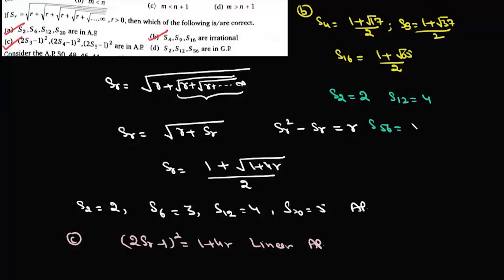Now S56 is 1 plus under root of 1 plus 4 into 56 whole divided by 2. Now 56 into 4 is 224. So it is 225, which is 15. So S56 is 8. So 2, 4 and 8, it is a GP. So that means option D is also correct. So the correct options are A, B, C, D.